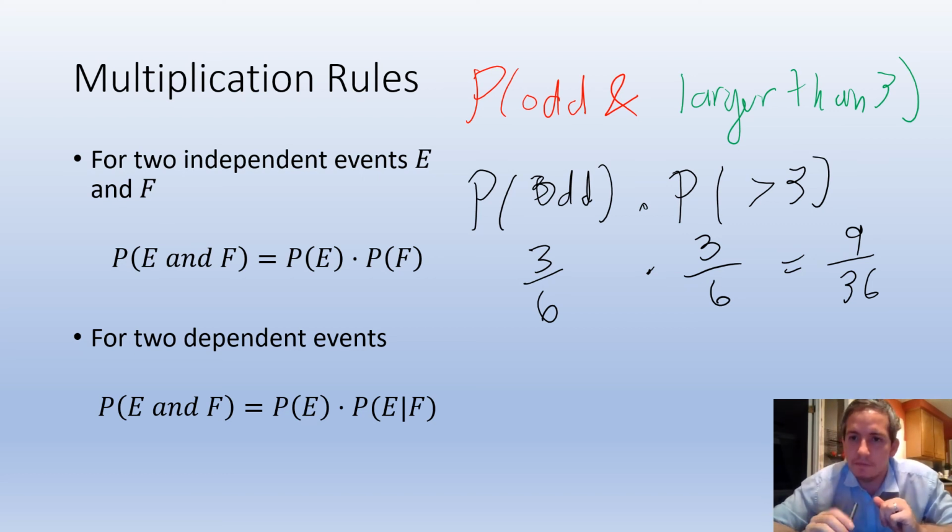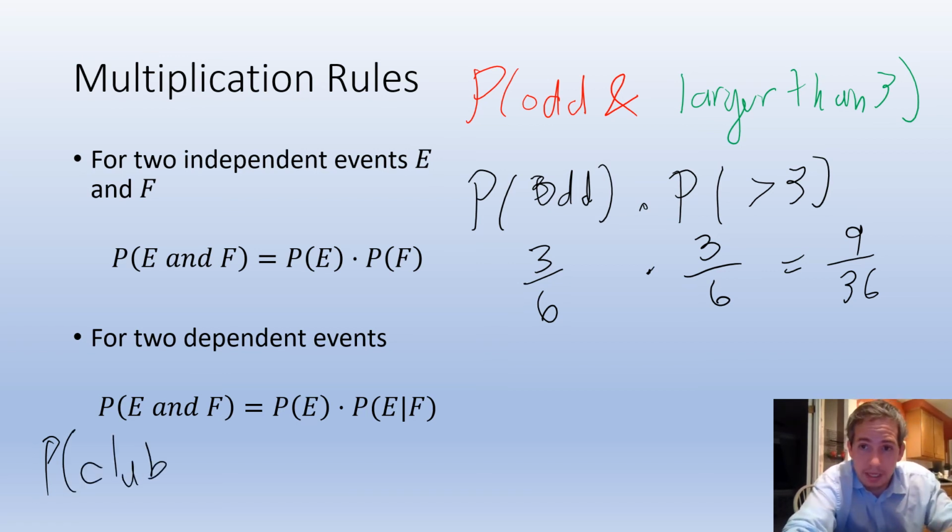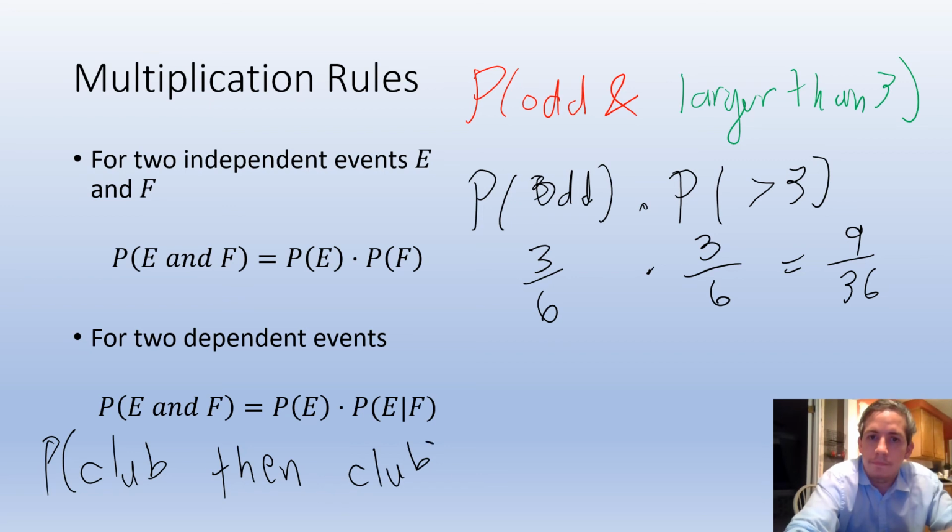So here's an example of dependent events. What is the probability that I pull a club without replacing the card, then I pull another club? So what's the probability of a club followed by a club?